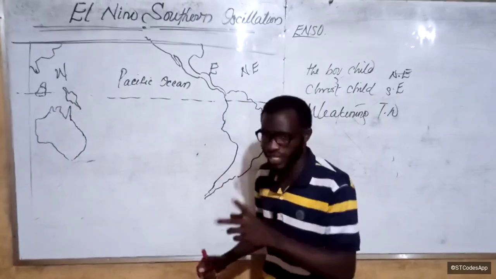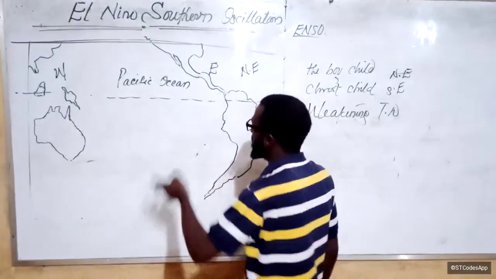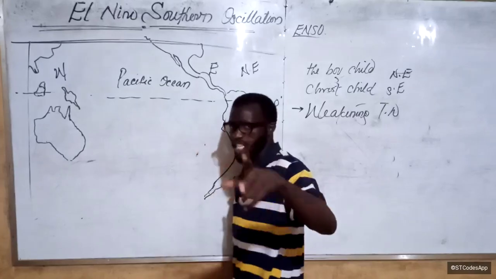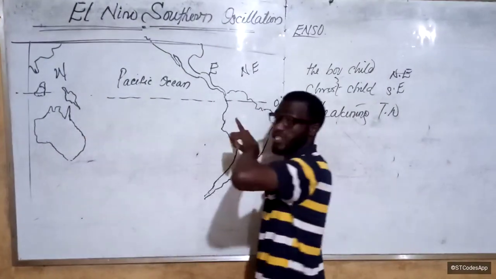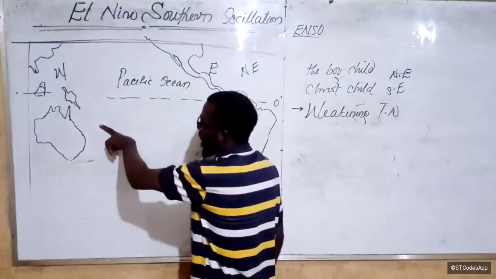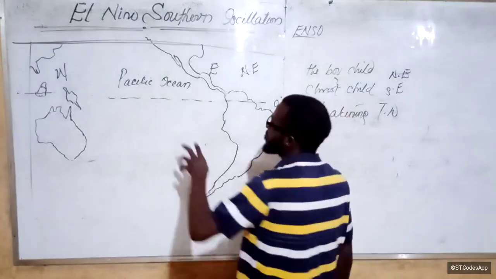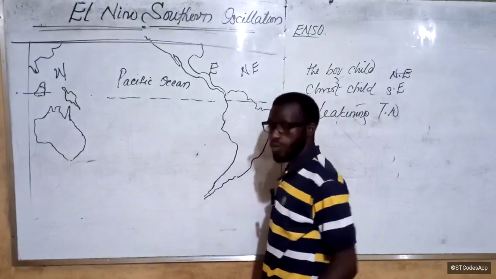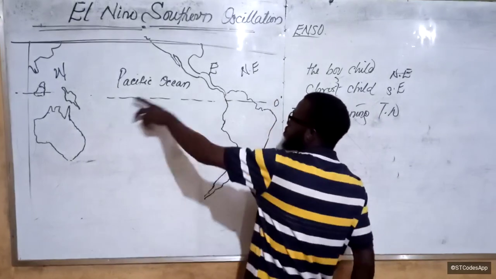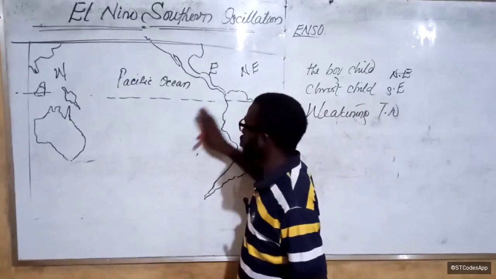Sometimes they are so weak that the motion of warm water is reversed, such that the warm water that has been aggregating here over time will after a while move against the wind, because the winds are so weak, towards this direction, and warm water will aggregate around here.